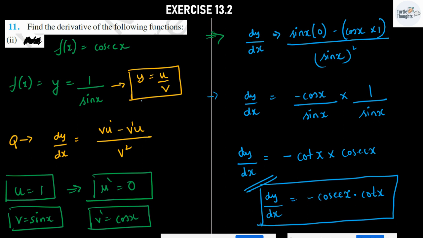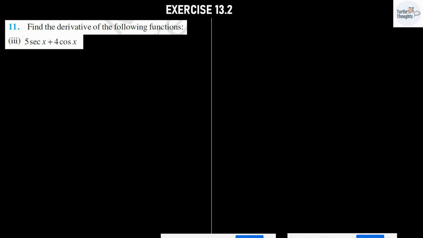Now, did you understand how to use quotient rule or product rule even though only one term is given? Yes? Okay, fine. Now, let us go to the next problem. 5 secant x plus 4 cos x. Consider y is equal to 5 secant x plus 4 cos x.